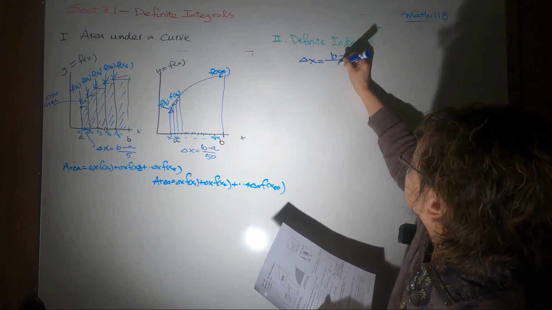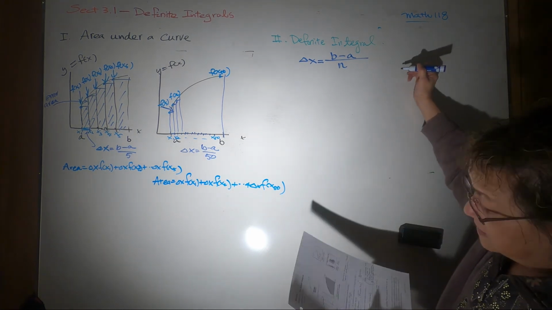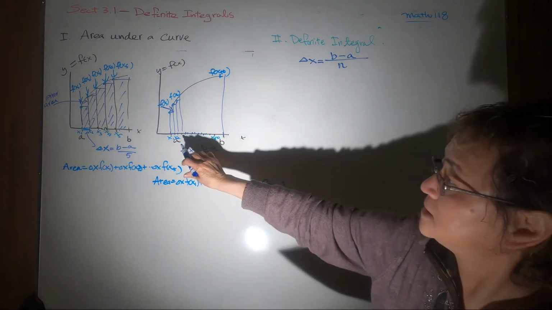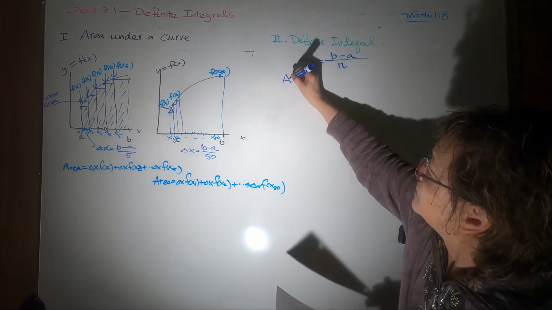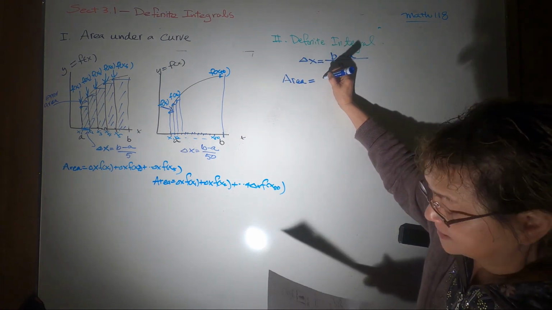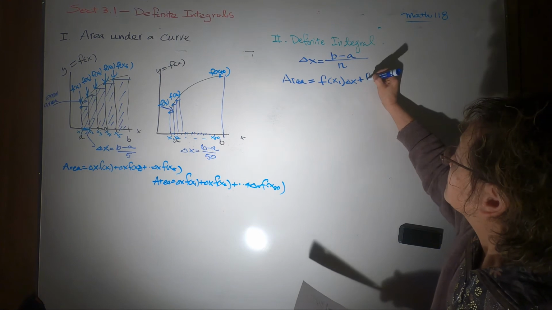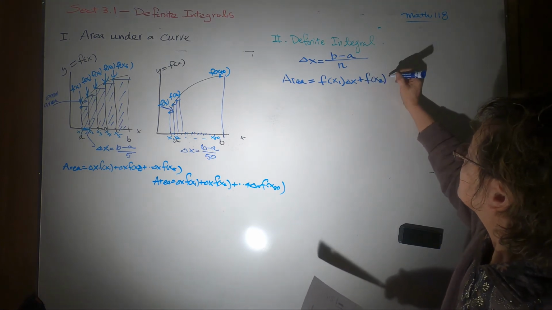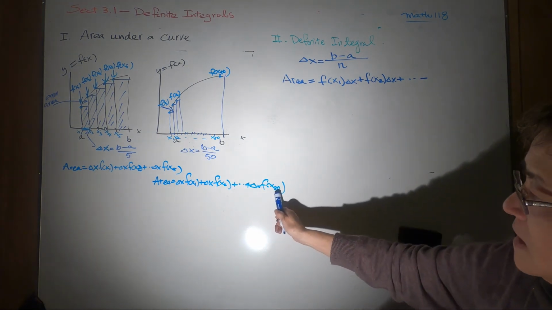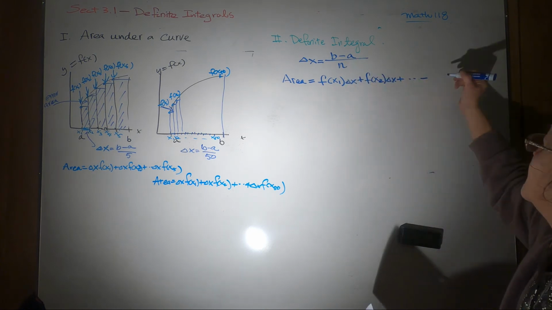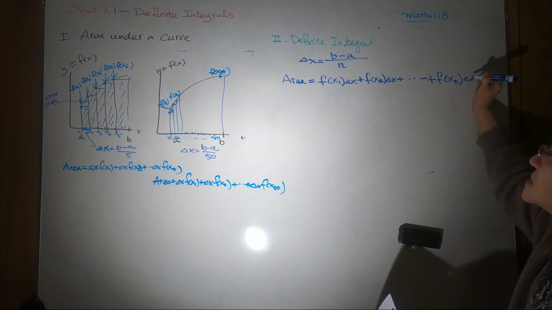From A to B, split into n parts, right? Then we start to count from x1, so the area would approximately be like this: f(x1) times delta x, f(x2) times delta x. How many of them? Instead of 50, if I have n of them, the last one will be f(xn) delta x.